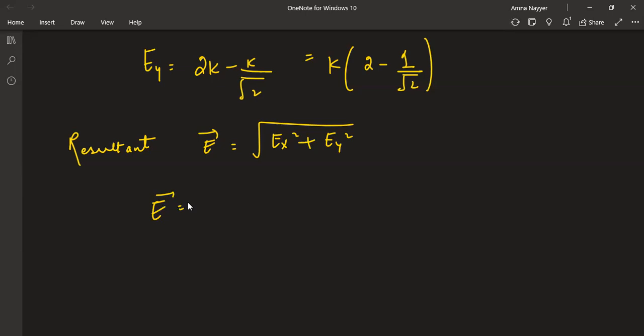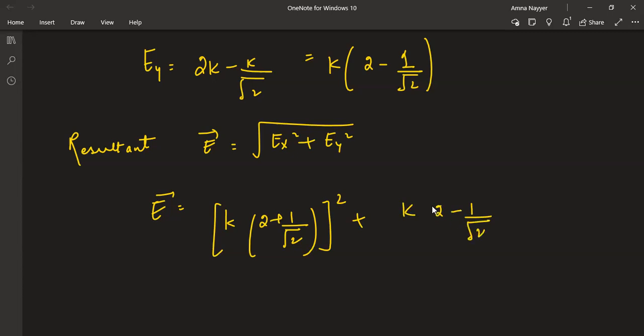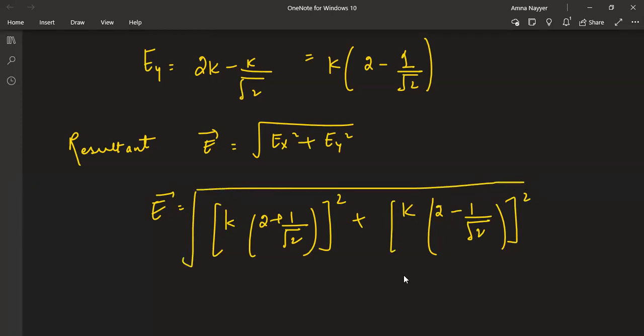So E will be, see, EX is K into 2 plus 1 by root 2 whole square, plus K into 2 minus 1 by root 2 whole square. This entire term within the root. So that will give you root 9K square, or directly 3K.